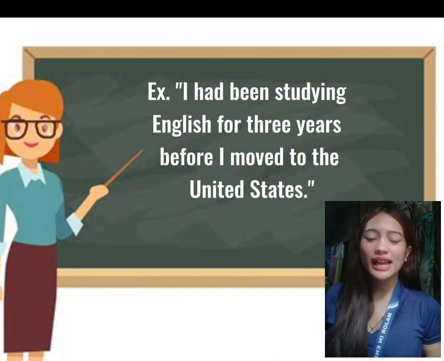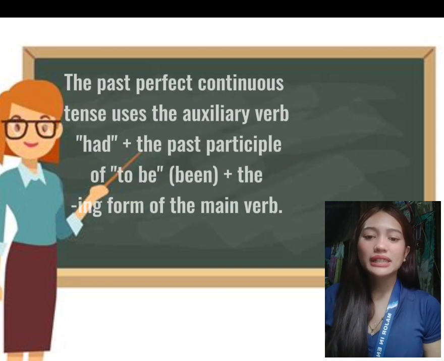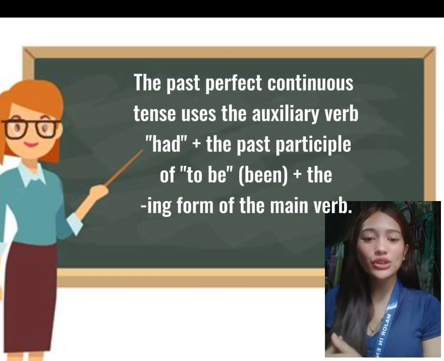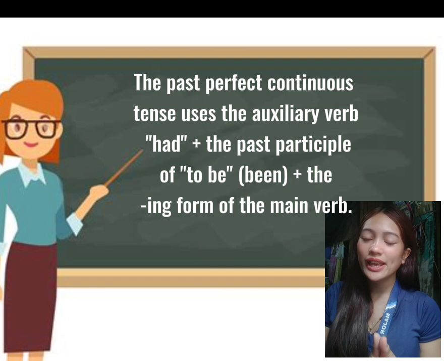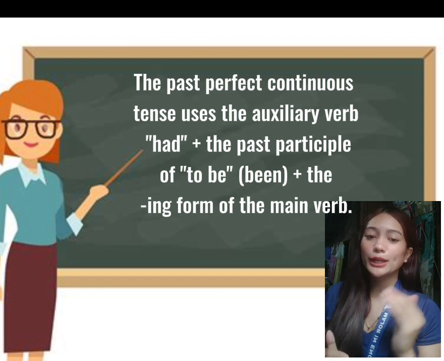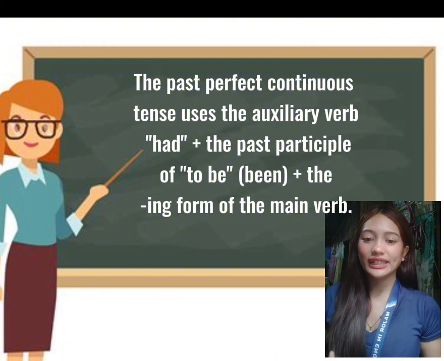Why do we use had been studying instead of had studied? It's because the past perfect continuous tense uses the auxiliary verb had plus the past participle of to be, which is been, plus the ing form of the verb.